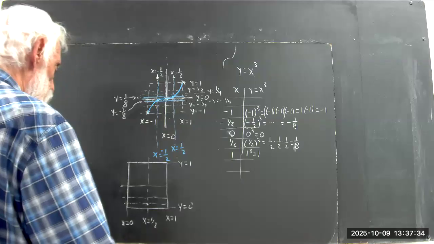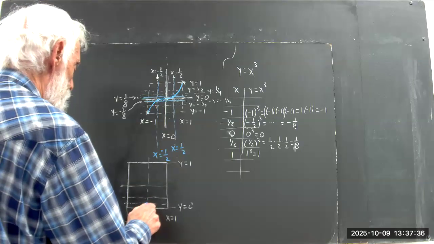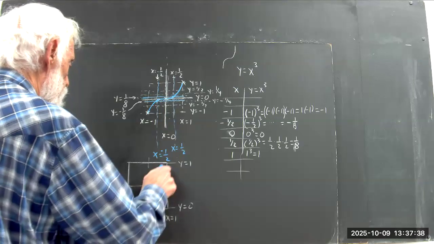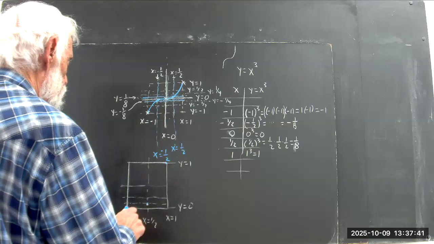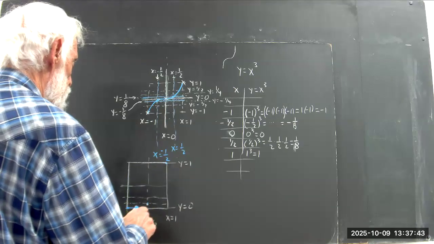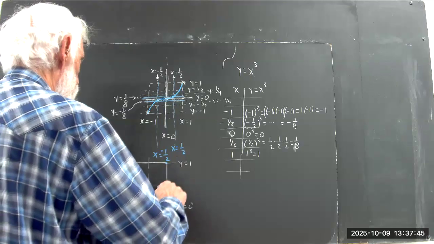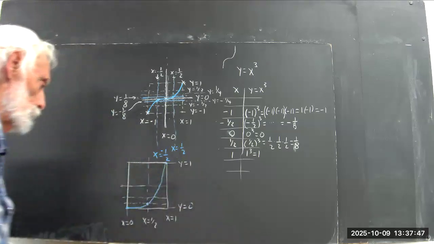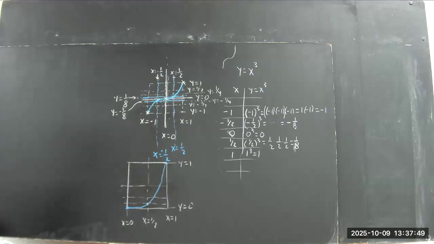So your graph has to go through these 3 points smoothly, meaning it starts off very level, comes out here, then goes up pretty quickly. Does that make sense?